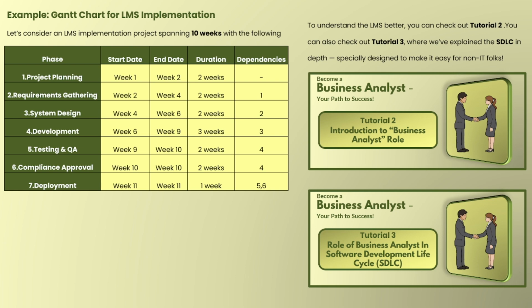Without the approval of the compliance team, we can't push anything into production. For compliance approval, testing should be completed. For testing, development should be completed. For development, the requirements and system design should be clear. And for good requirements, project planning should be very solid. So everything is dependent on each other, and we can see this in this particular table.